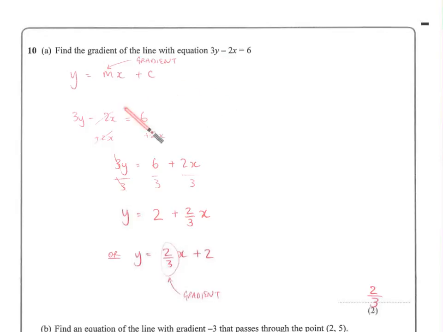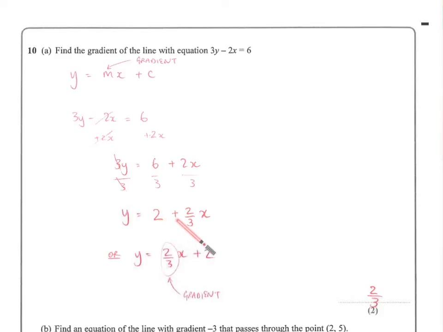So rearranging my equation, if I add 2x to both sides, that leaves me with just 3y on the left-hand side, and 6 plus 2x on the right-hand side. 3 times y, so to get rid of the times 3, I must divide by 3 on both sides, so I need to divide everything on the right-hand side by 3. 6 divided by 3 leaves me with 2. 2x divided by 3 is 2/3 x.